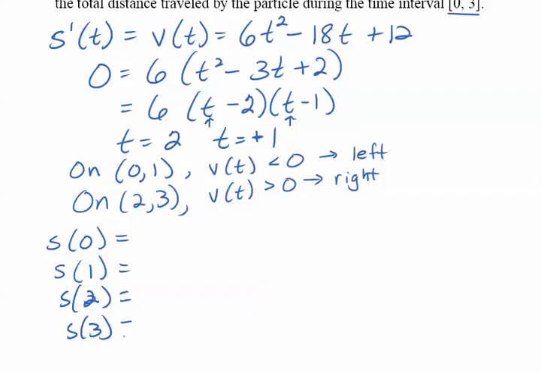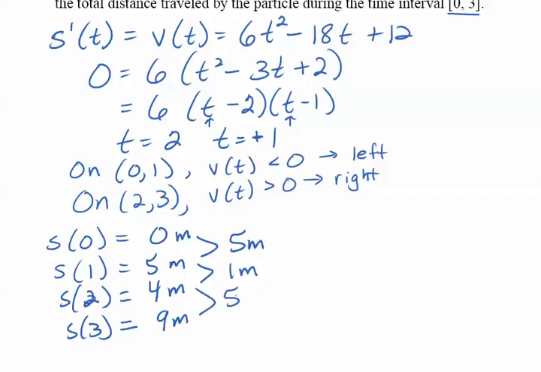So we want to take our position function and find those values. And I have 0 meters, 5 meters, 4 meters, and 9 meters. So it traveled 5 meters and then 1 meter backwards and then 5 meters forward. So our total distance was 11 meters.